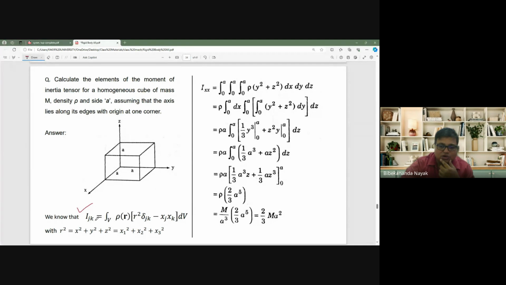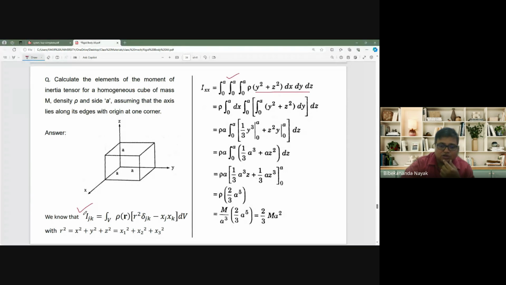According to this formula, when j and k are the same, the xx component is r squared minus x squared, which is equal to y squared plus z squared. Since it is a cube, the volume integral runs over length, breadth, and height, 0 to a, 0 to a, 0 to a. Are you getting this point? This is a very important question.